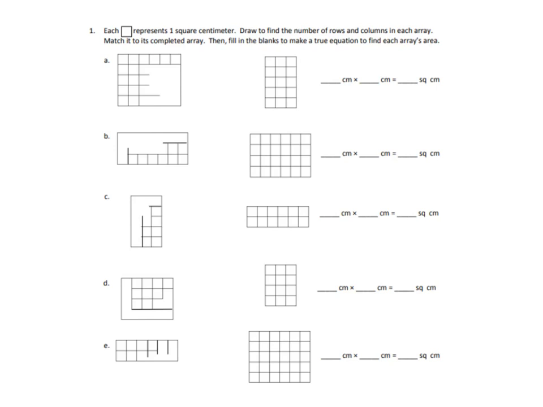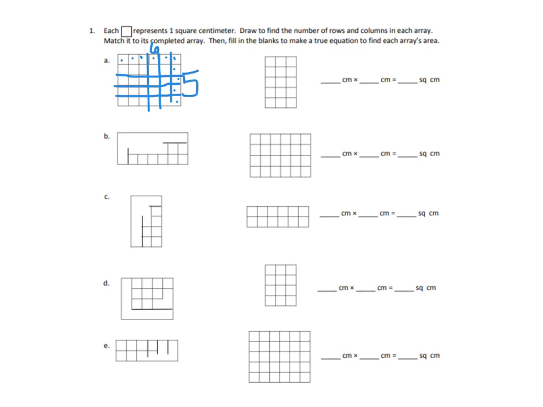So let's take a look at letter A. We are going to finish the lines as best as we can. So I notice that the length is 1, 2, 3, 4, 5, 6 squares. I notice the width is 1, 2, 3, 4, 5 squares.